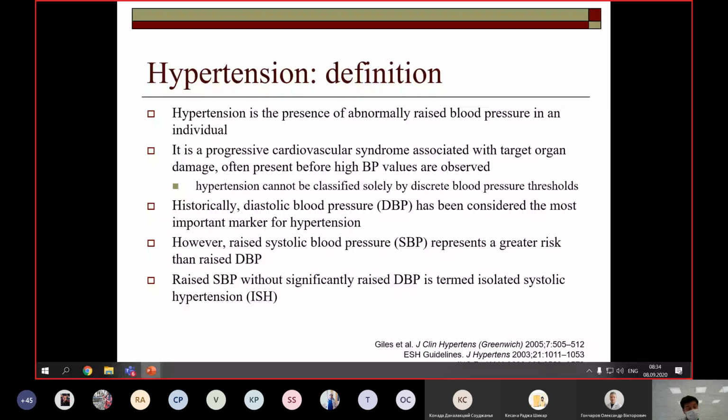The rise of systolic blood pressure results in a significant rise in diastolic blood pressure, and this accelerated arterial hypertension can be associated with greater risk than an accelerated rise in diastolic BP.